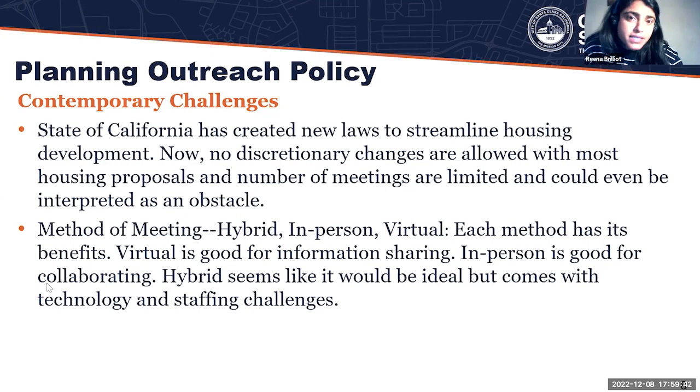I'll take a very simplistic example. There could be a housing development that's being proposed in a certain shade of color. And the community says, actually, that shade is really off-putting to us. We would like a different shade of color. Seems really simple, but that is discretionary.